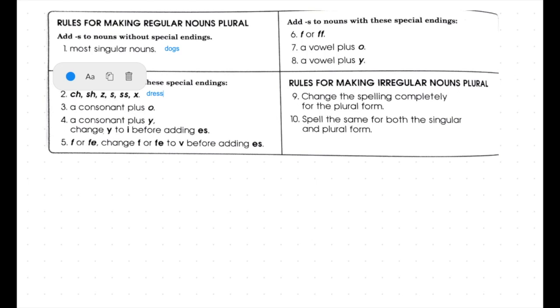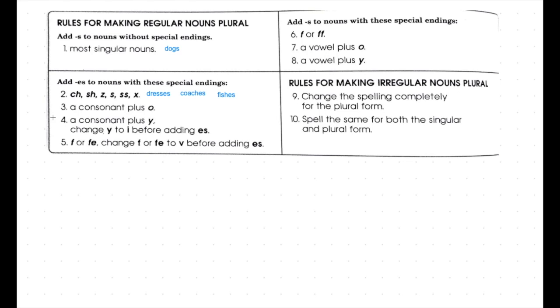No, that doesn't make sense. We have to say dresses. Same thing with a word like coach. We can't just add an S to the end because of that ending, that CH has that similar S sound, so we have to add ES so that it says coaches. Or fish, right? We have to say fishes.